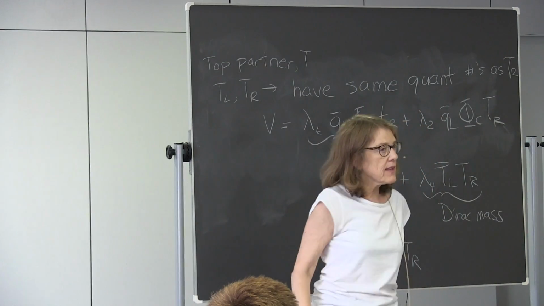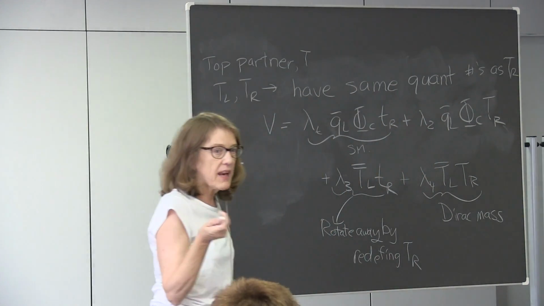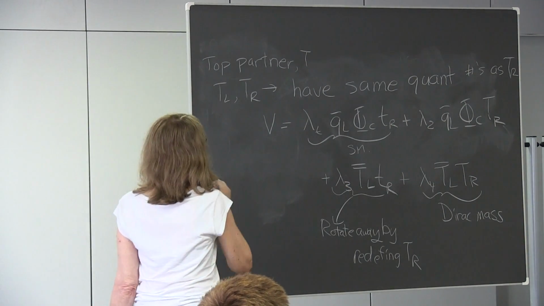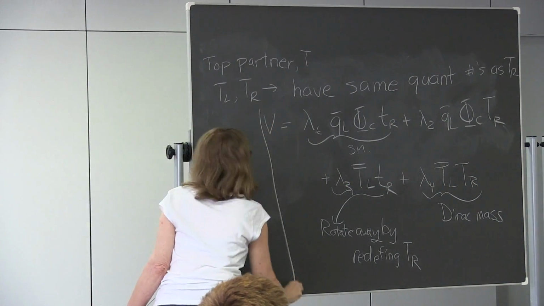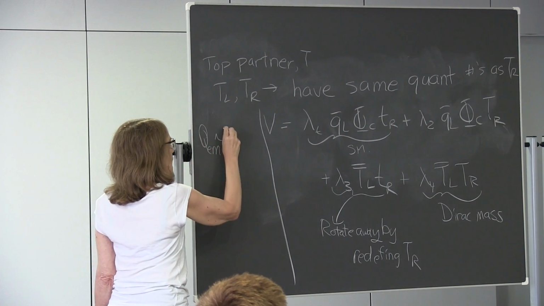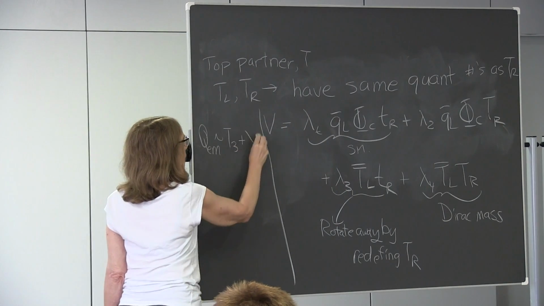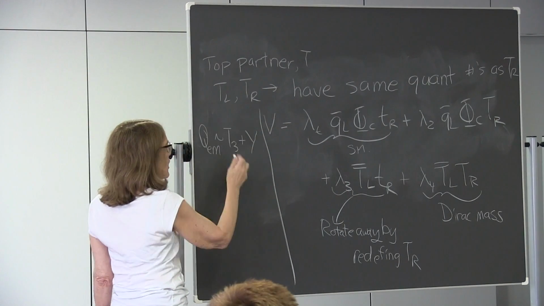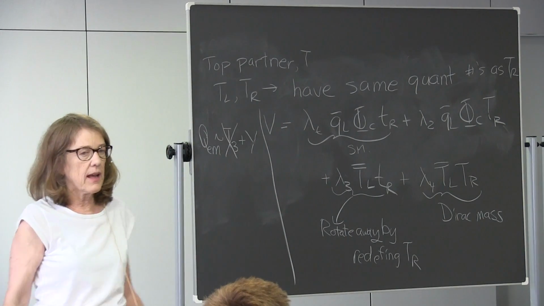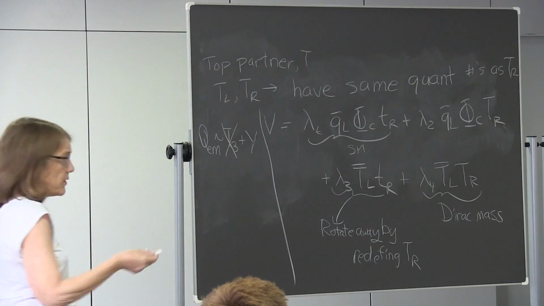And how did Felix know that I was being sloppy? Anybody? Well, he knew I was being sloppy here because the electromagnetic charge is essentially T3 plus Y. So these guys are going to be SU(2) singlets, so the hypercharge has to give you the electromagnetic charge. And that's how he knew that I was being sloppy.